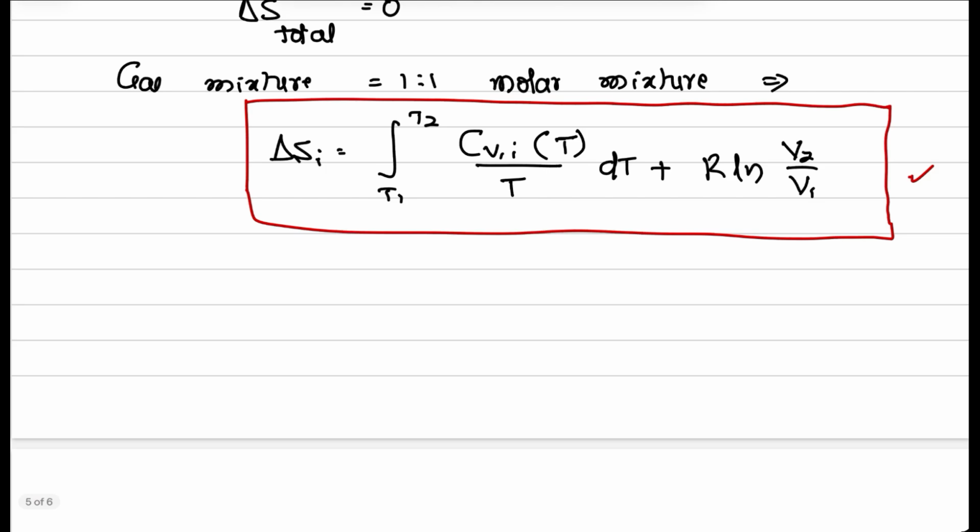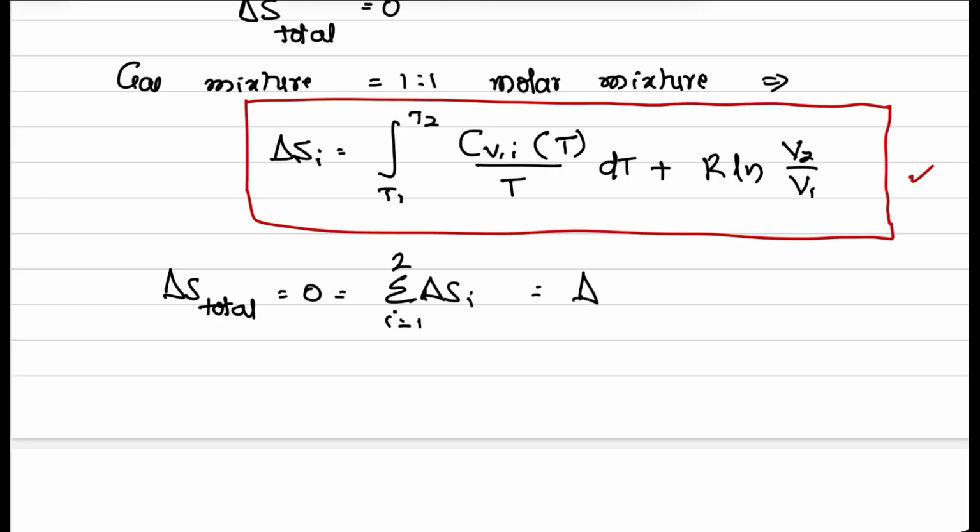Now, delta S total, as per the sentence, that is a reversible adiabatic process, isentropic process, that is equal to 0. Delta S process is sigma delta Si, i is equal to 1 to 2, because there are two gases.